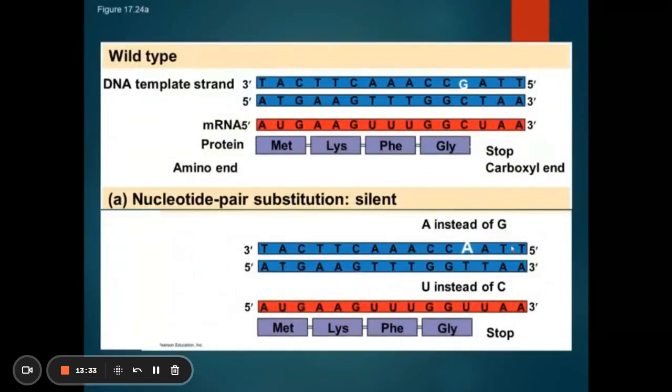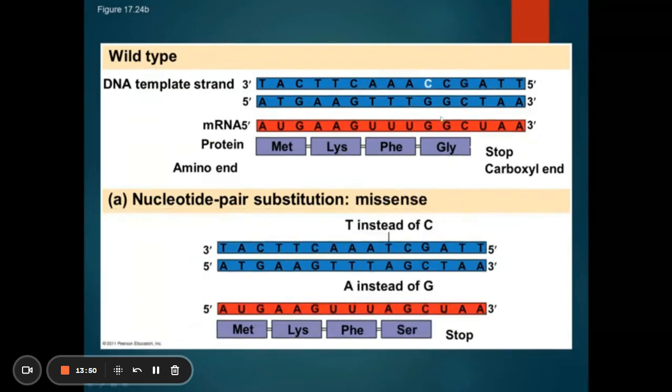All right, so I want you to be able to distinguish one from the other. So if we have a change in the DNA that doesn't change the amino acid, that is a silent mutation. It's still a mutation because there's still a change in the DNA. If we have a mutation that does change the amino acid, so notice we were met-lys-phe-gly, now we're met-lys-phe-ser, that's a missense.